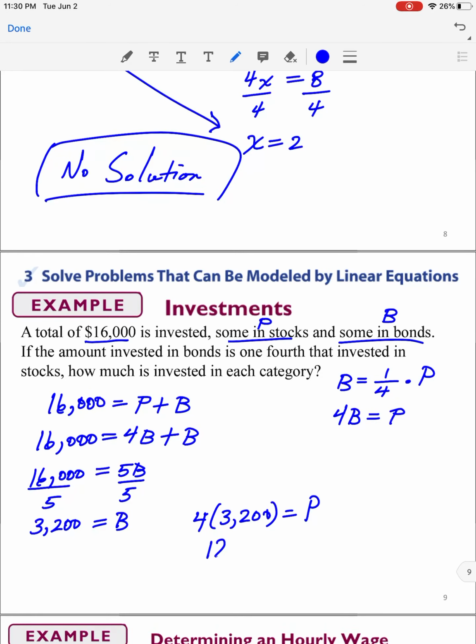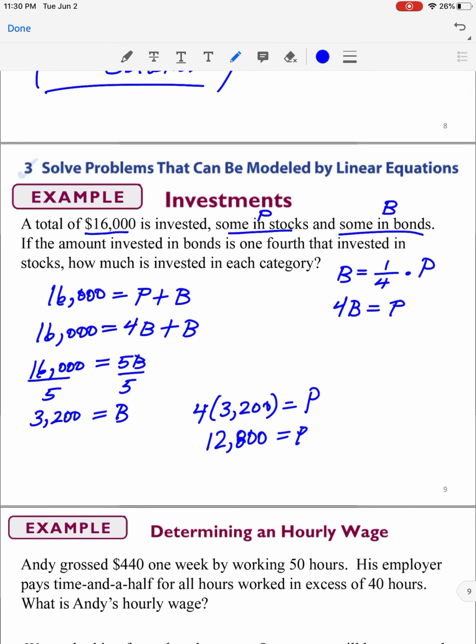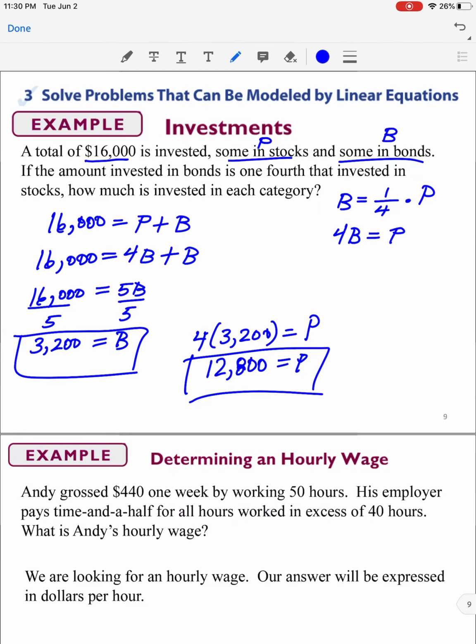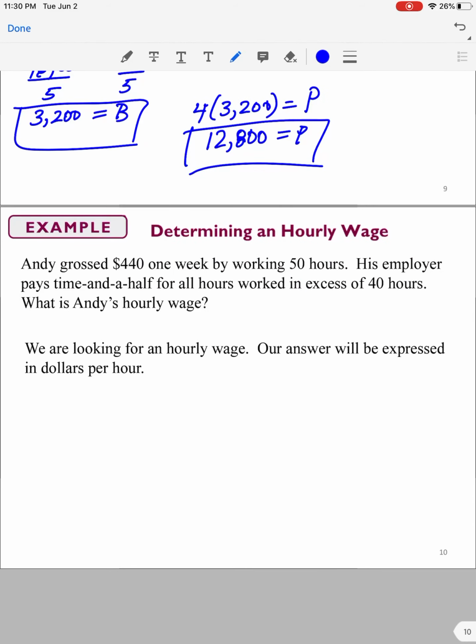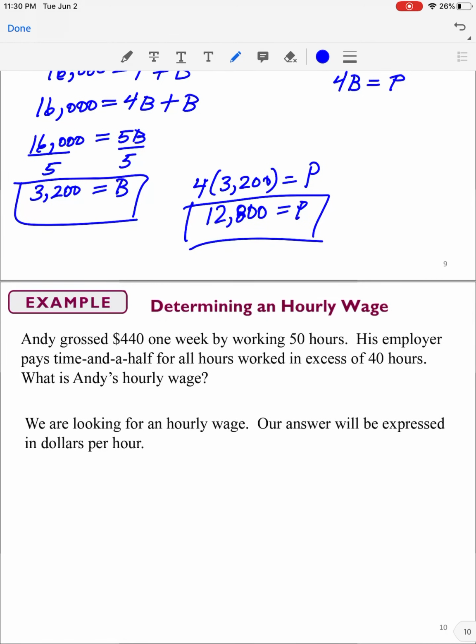So that would give us $12,800 is equal to stocks. Or you could have subtracted that 3,200 from 16,000, because that would have left remaining. When you add those two together, they better add together to be $16,000. All right. And our final example.